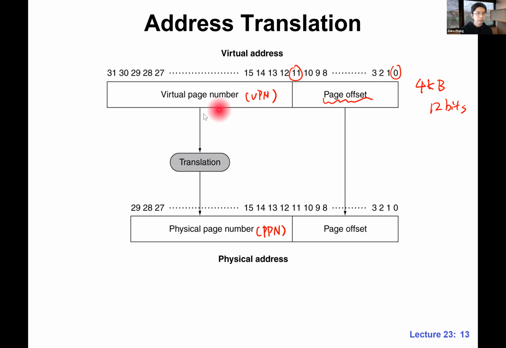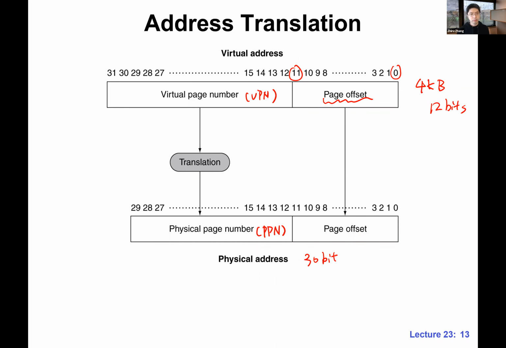But how exactly do we translate the page number? First of all, again, we have a 32-bit address, but the physical address is actually shorter. In this example, we have a 30-bit physical address. How large is the physical memory?